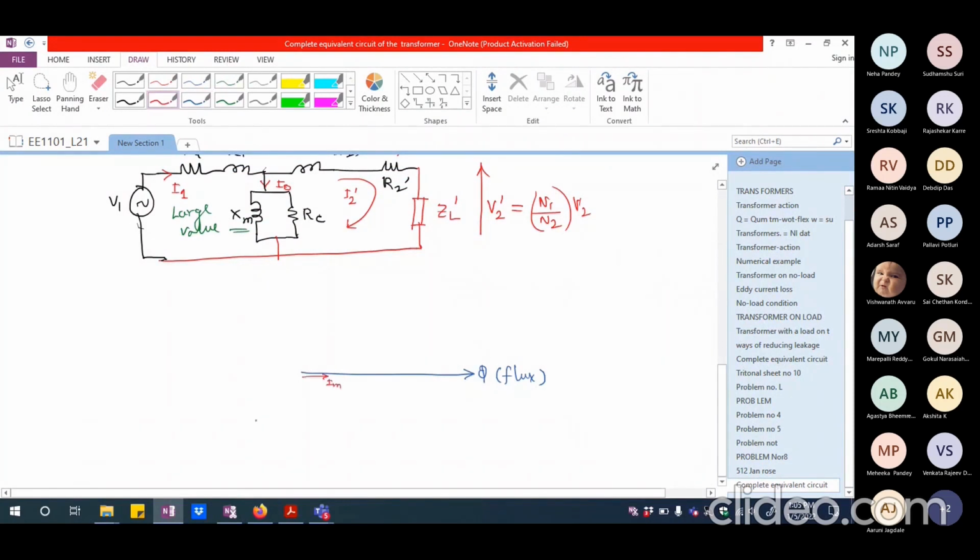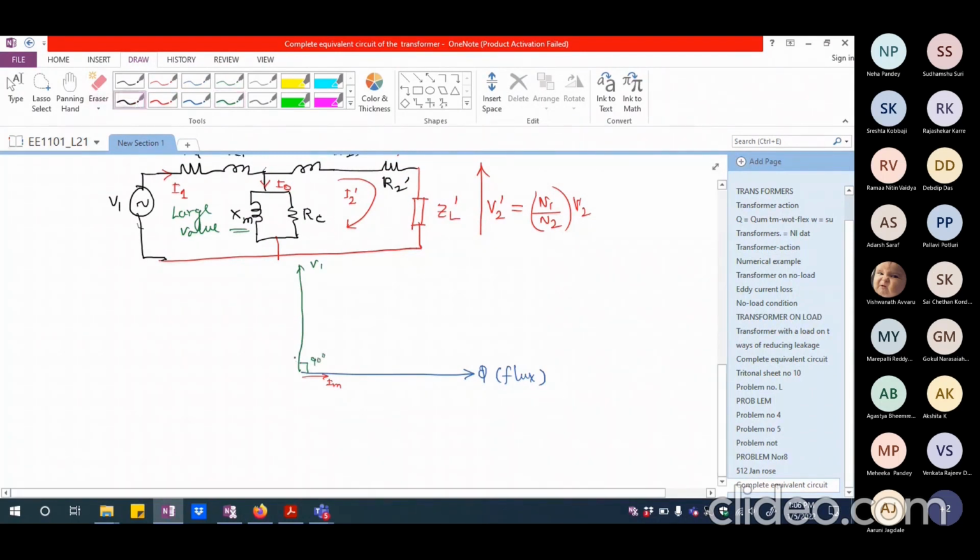So this is going to be IM. And magnetizing current is an inductive current, so it should lag behind the voltage by 90 degrees. So I have to definitely consider the voltage here. This is going to be the voltage, which I may call as V1. So this has to be 90 degrees. Between these two, I will have 90 degrees.